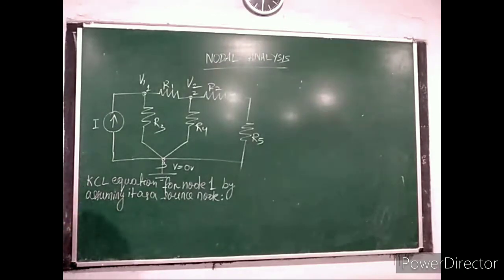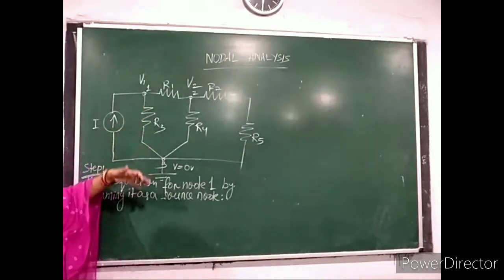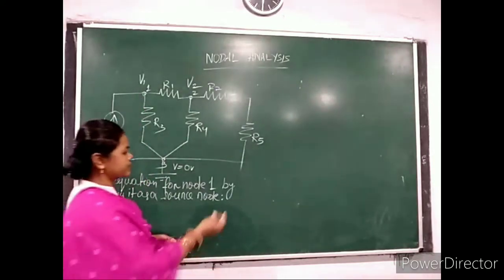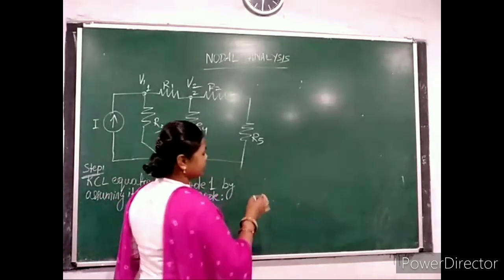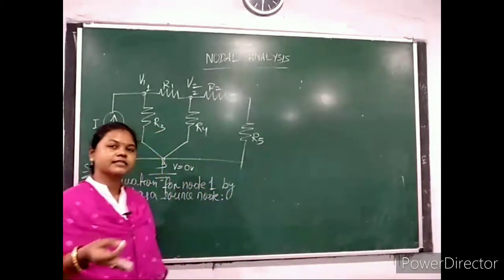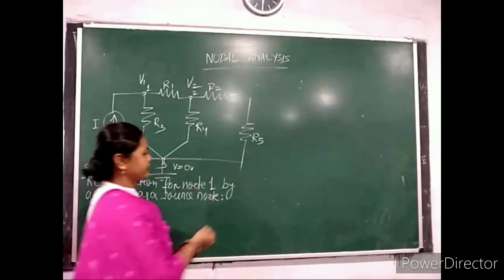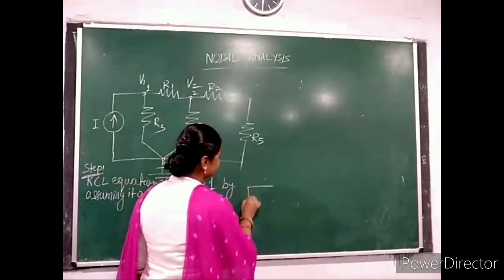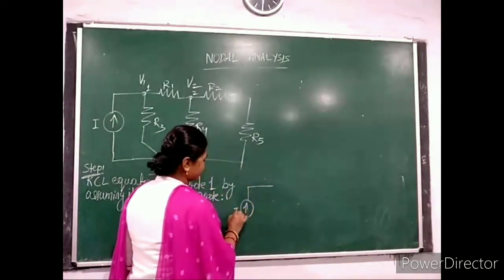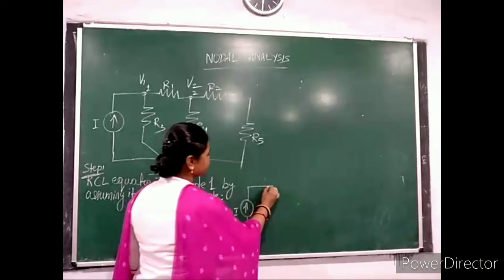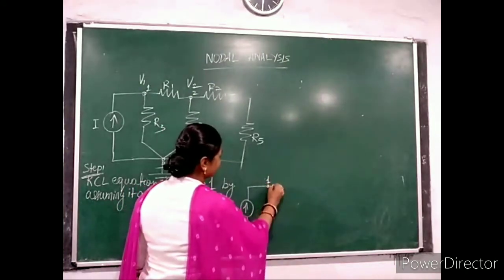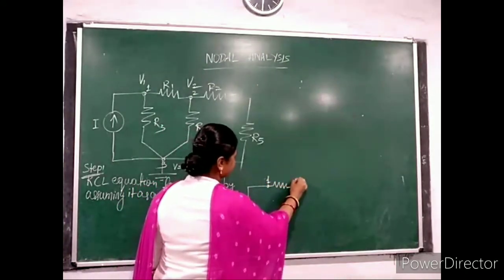For step 1, when I assume node 1 as a source node and I simplify that circuit, I only consider those branches which are connected with node 1.